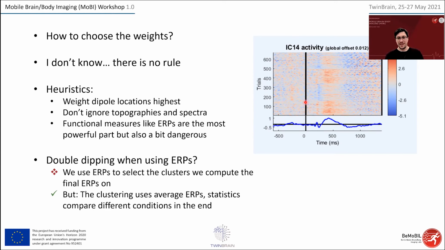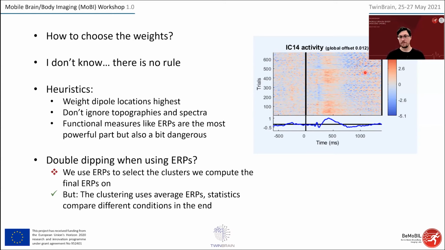But if you look at the single trials, where X is the time and the Y axis is the trials, that's like 700 trials throughout the entire experiment. If you look at the trials, you can visibly see that there must be different conditions. Like this is one condition, that's another condition, and here's one condition and another condition.